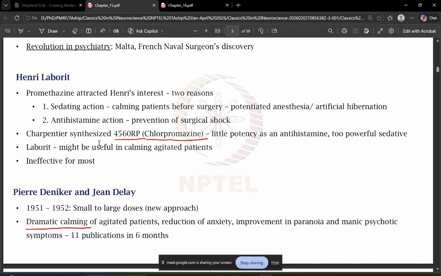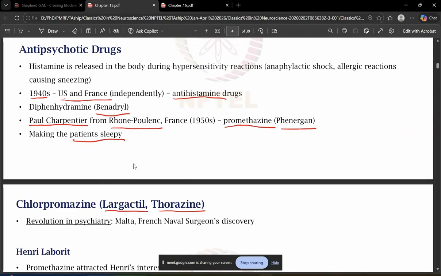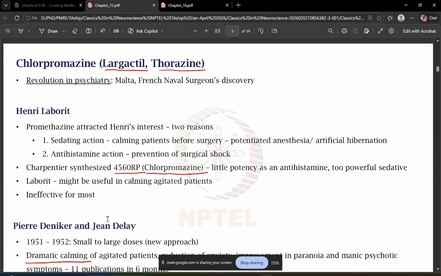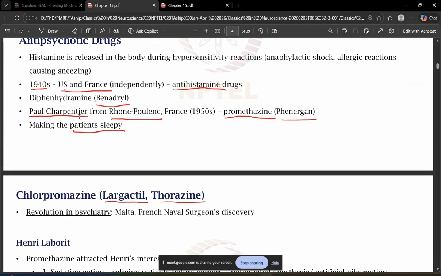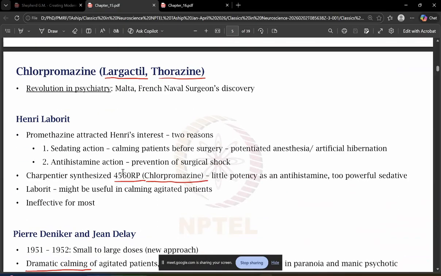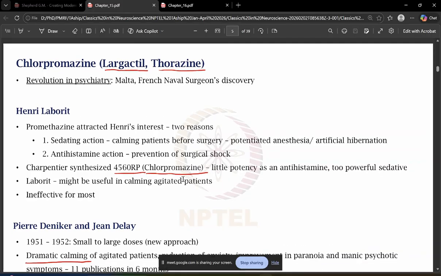So he asked Rhône-Poulenc whether they had some kind of drug which can do that. At that time, Charpentier had also synthesized a drug called 4560 RP, which they called chlorpromazine.